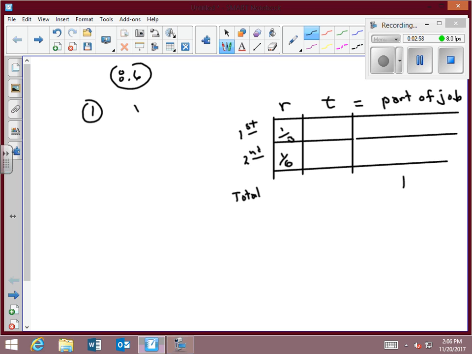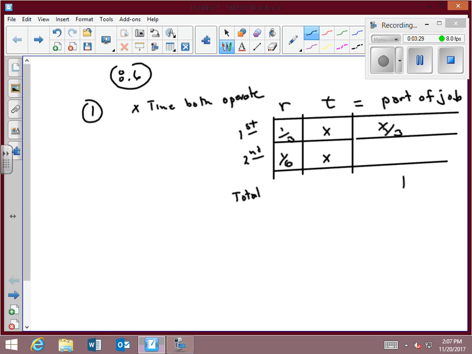And it says both sprinklers operating. So if X is the time both operate, then the first sprinkler goes X amount of time, and the second sprinkler goes X amount of time. And the part of the job that's completed by the first sprinkler doing X hours is X over 3, right? You multiply X times 1/3.